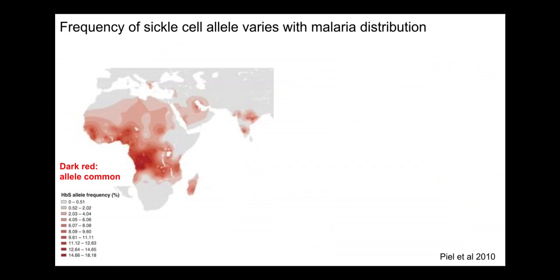Similar patterns of clines show up with sickle cell anemia. In this case, dark red is showing that the recessive allele associated with sickle cell anemia is common. So this part of Central Africa, parts of West Africa here, it's very common.